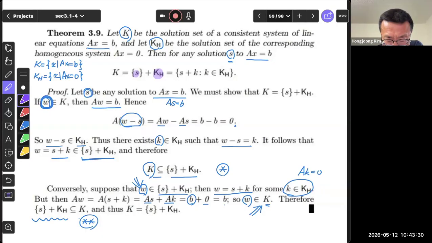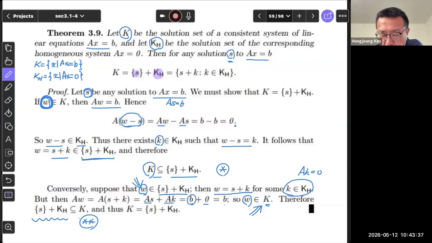So here is the idea. From now on, somehow, I will introduce this somehow part today. I will find this K sub H, the general set.